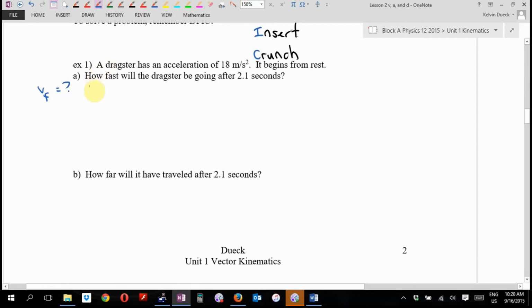I see a meters per second squared and I go, hey, that's an acceleration. Now, you can write meters per second squared next to the 18. You don't have to. I'm not going to make you. You can if you want. This is also a physicsy word that I always mentally or physically underline. The word rest or from rest. What's that telling me? What's zero?